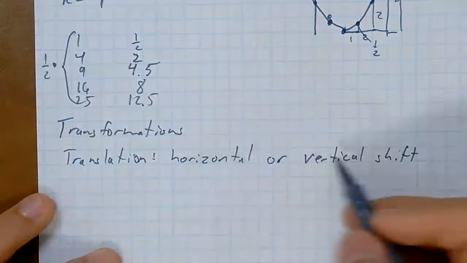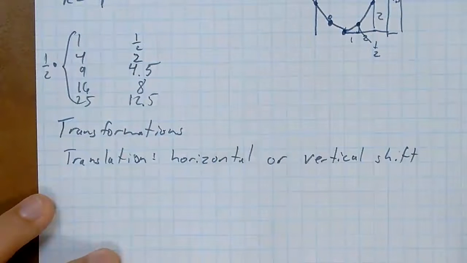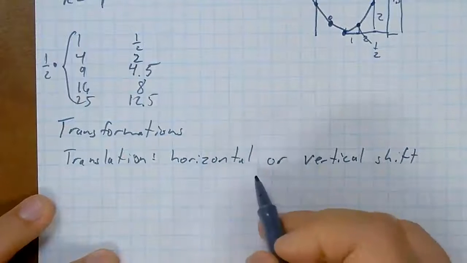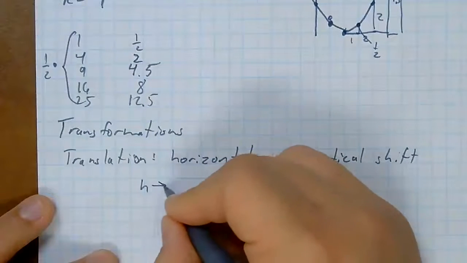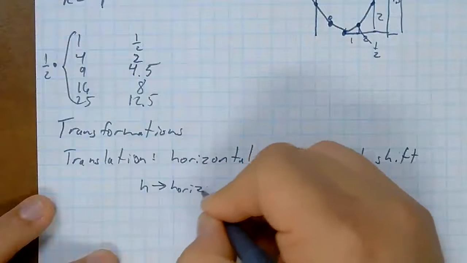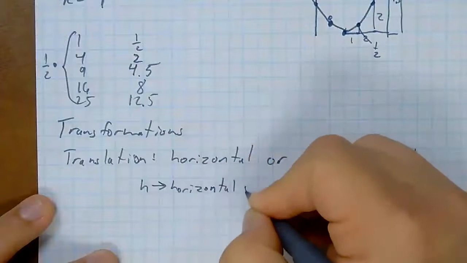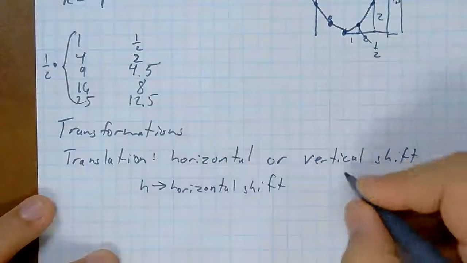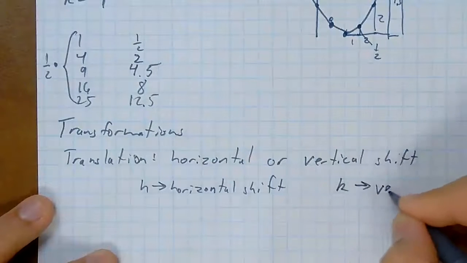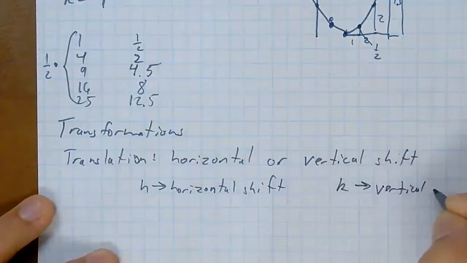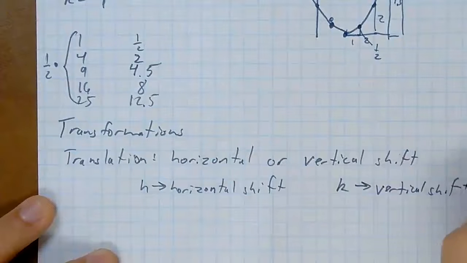These are just our H and K values. Okay. H tells us the horizontal shift. So that should be easier to remember. And K is our vertical shift.